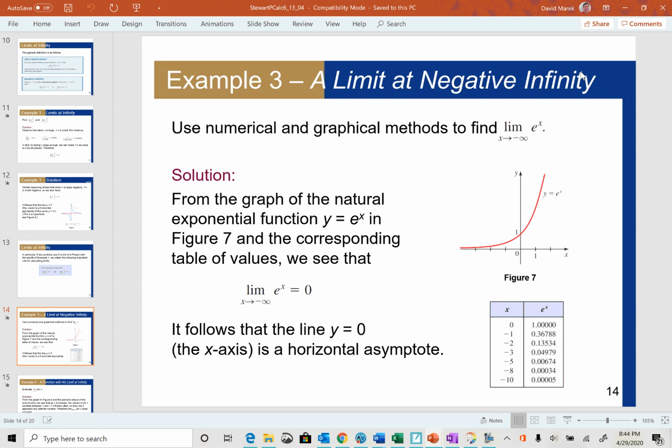So the limit of this function as x approaches negative infinity is 0. Again, there's no way that you can take a value for x, take 2.7 squared, raise it to some power, and have that positive number base turn into a negative value. Just can't happen.